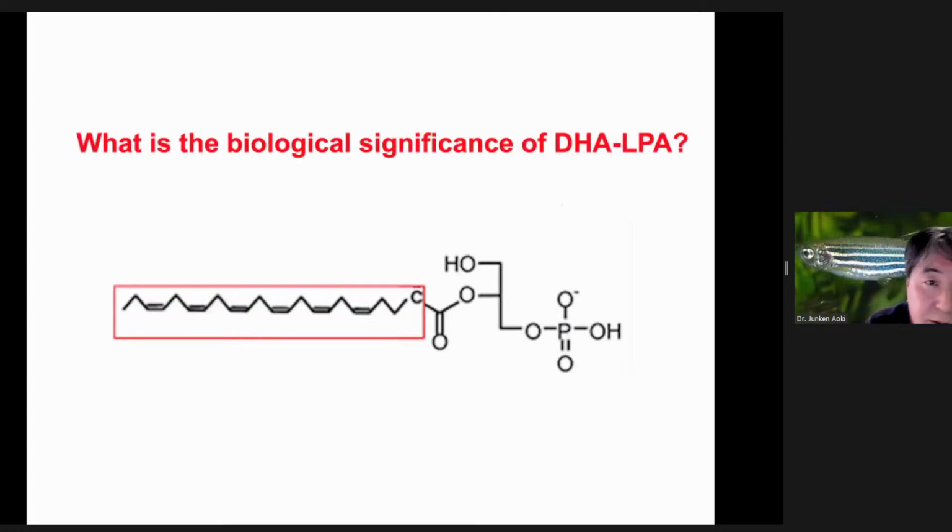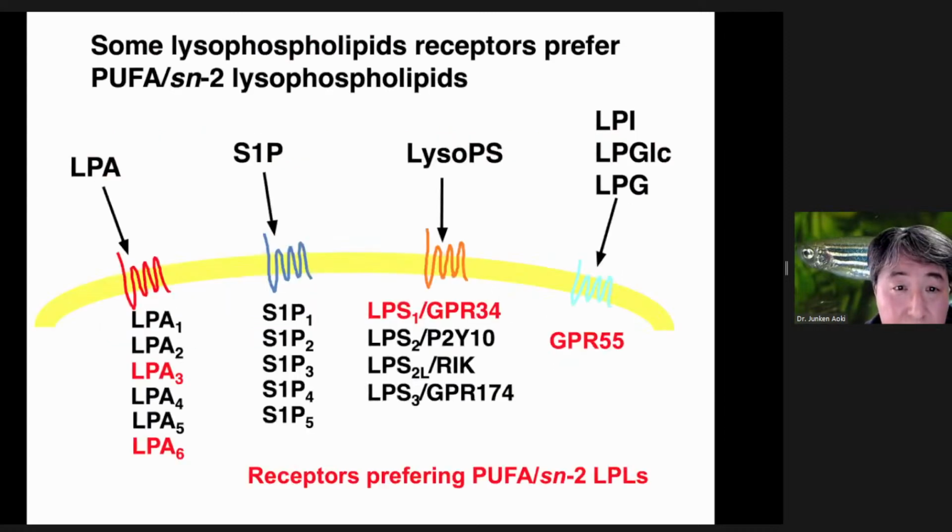So our next question is, what is the biological significance of DHA-LPA? Interestingly, some of the lysophospholipid receptors appear to distinguish SN1 or SN2, or PUFA or saturated fatty acid. Some receptors such as LPS3, LPS6, LPS1, or GPR55, these lysophospholipid GPCRs prefer PUFA or SN2 lysophospholipids.